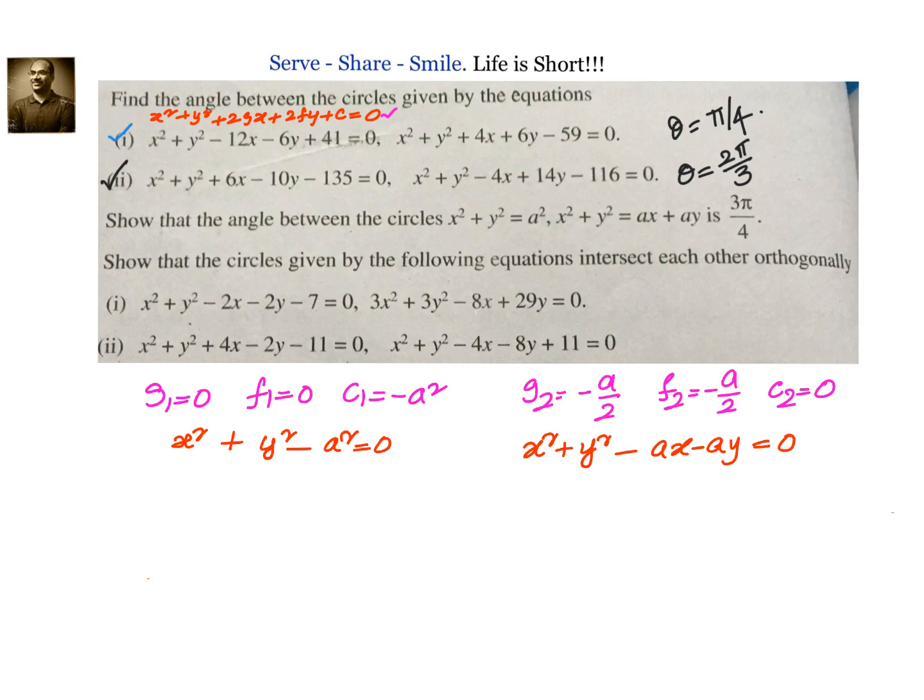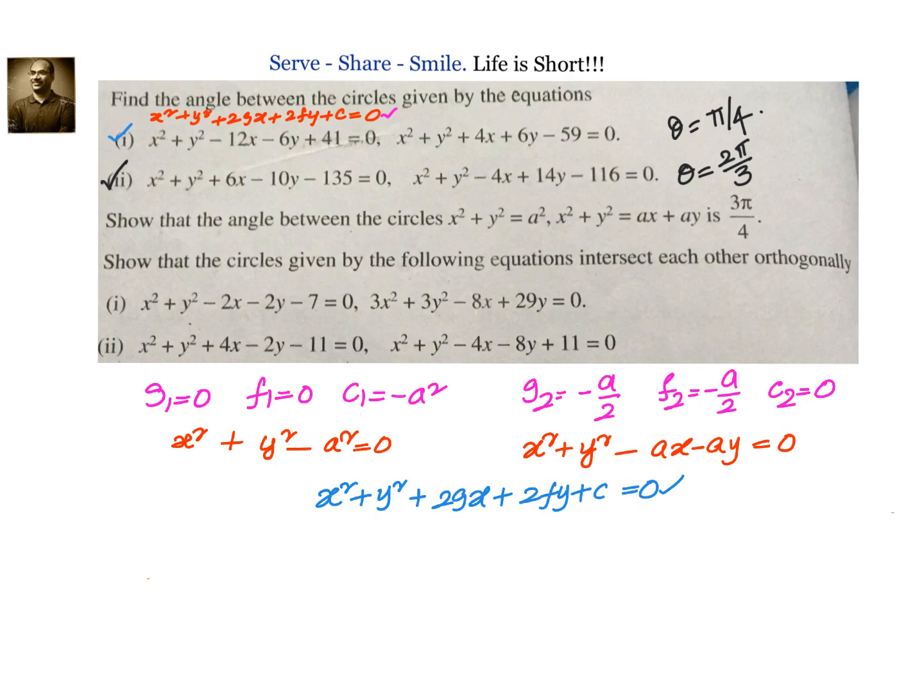Now compare these two with our general equation, we call it general, not standard. x square plus y square plus 2gx plus 2fy plus c equals to 0. What I was talking about earlier is that the right hand side should be equal to 0. Everything should be on the left hand side.